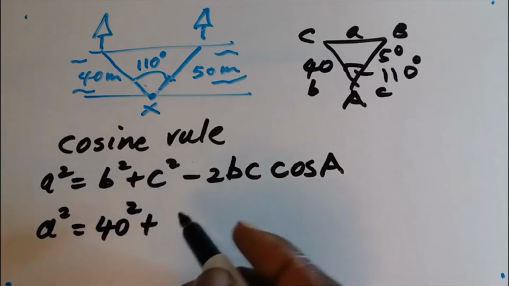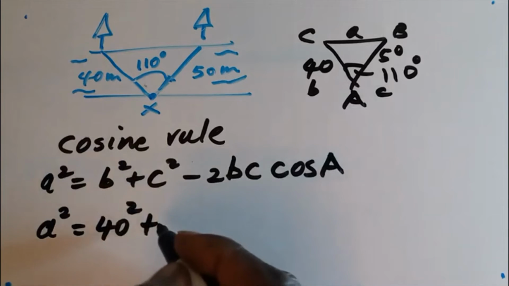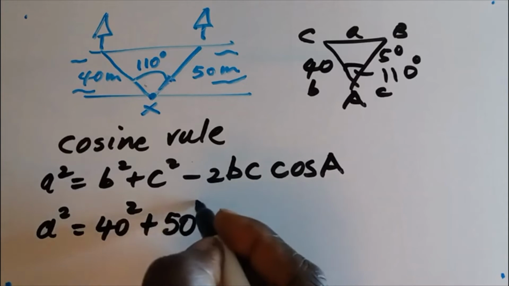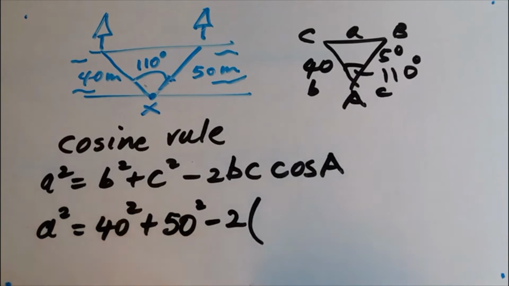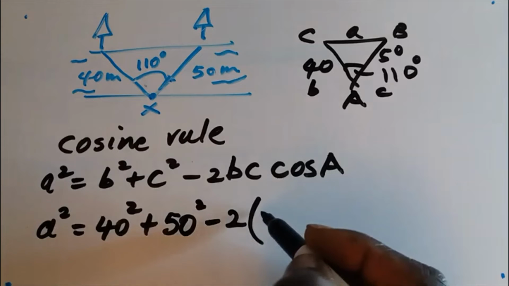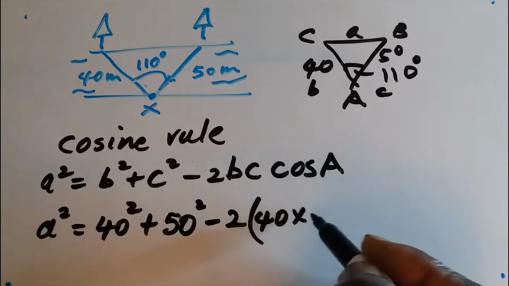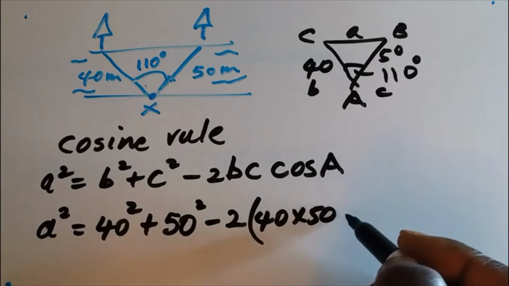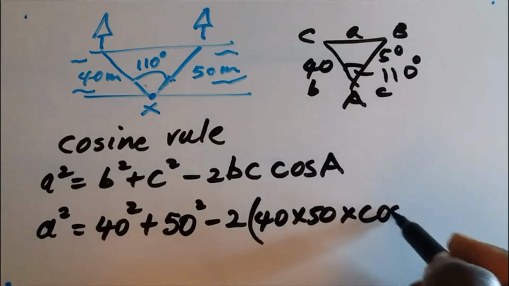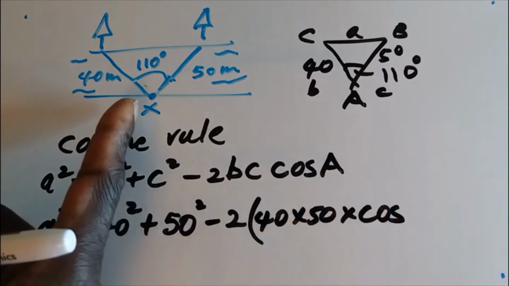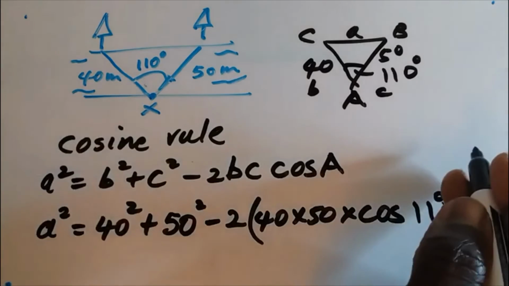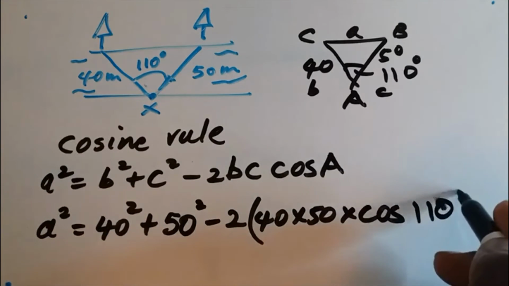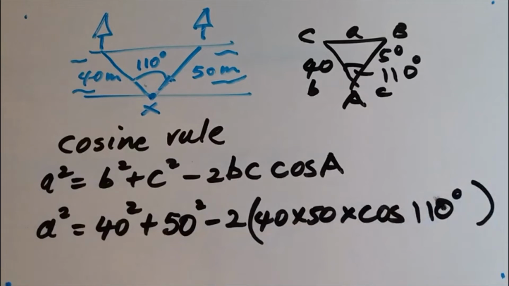Add c squared, which is the opposite side, which is 50 squared, minus 2, we'll put all this in brackets, bc, which is 40 times 50 times cosine a, which is 110 degrees.